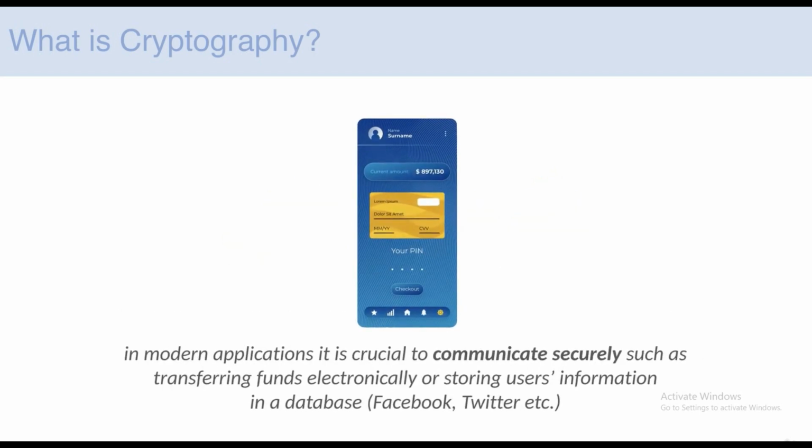Of course, there are other applications. For example, when we want to transfer funds electronically, or store users' information in a database such as with Facebook or Twitter, or for example, you would like to send some money online or pay with your credit card, you may imagine that under the hood, cryptography is used to make sure that the user's information is not going to be stolen.